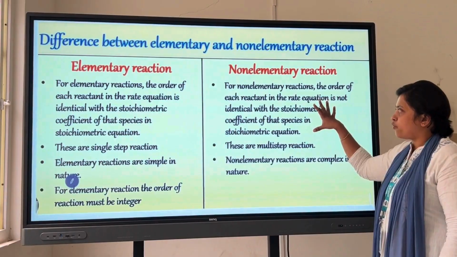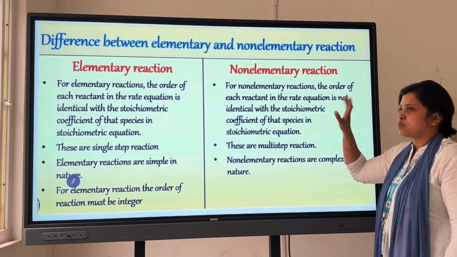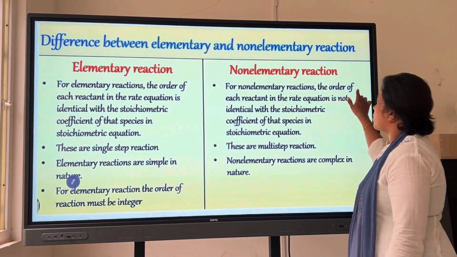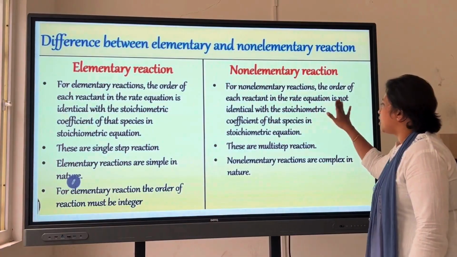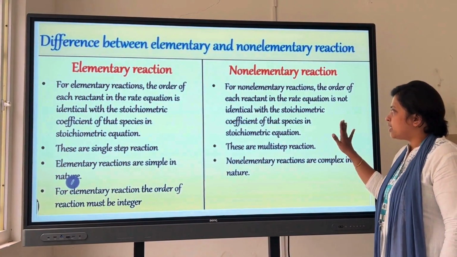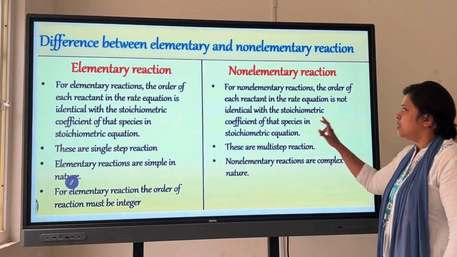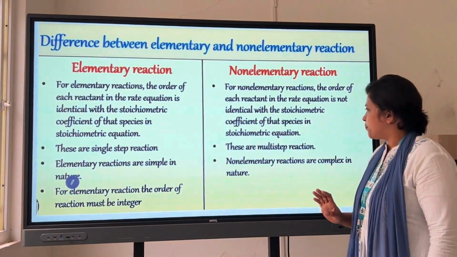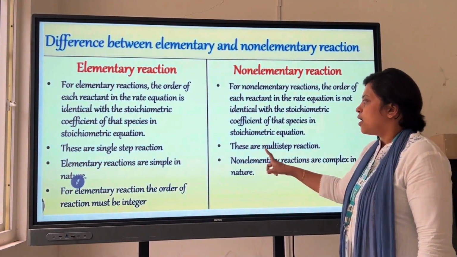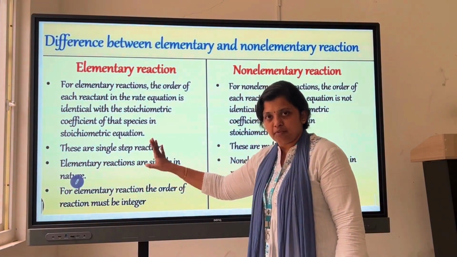In non-elementary reactions, the order of each reactant in the rate equation is not identical with the stoichiometric coefficient of the species in the stoichiometric equation. An elementary reaction is a single-step reaction, and a non-elementary reaction is a multiple-step reaction. Elementary reactions are very simple.